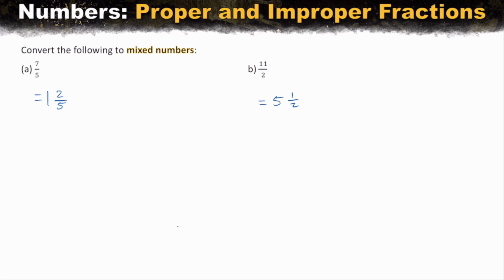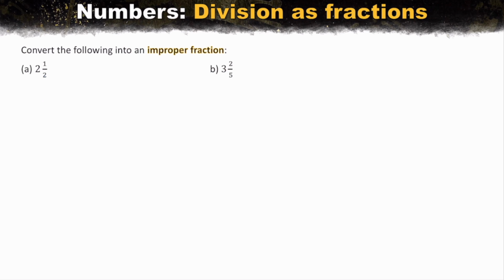Now, anything we can do one way, we can generally do in reverse. So if we have mixed numbers, we need to be able to put them back into improper fractions. To do that, the shortest way is to look at it like this: I've got 2 wholes, and each of those wholes is going to have 2 pieces. Going back to my pizza analogy for a visual representation, I've got 2 whole pizzas and then another half a pizza.